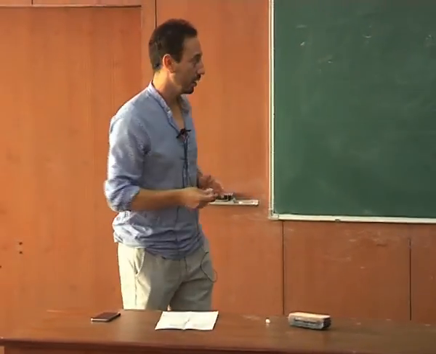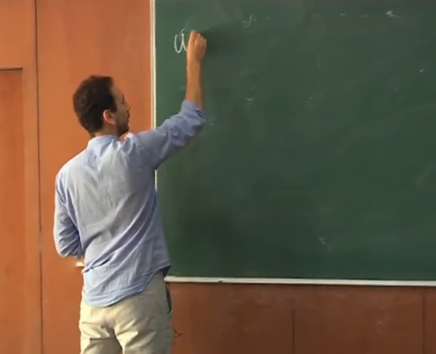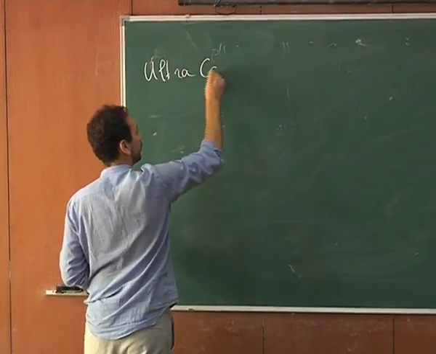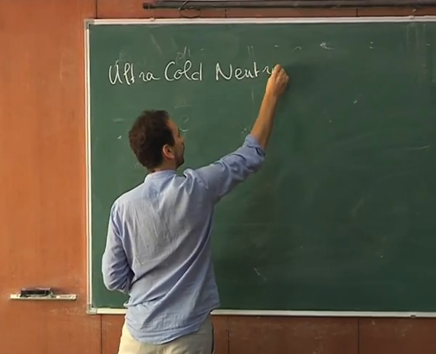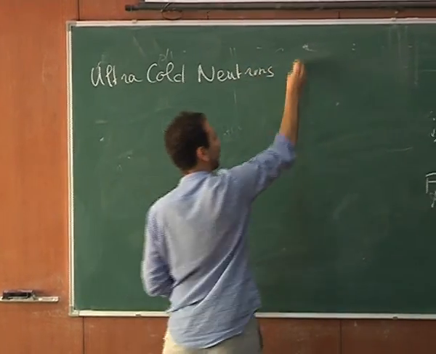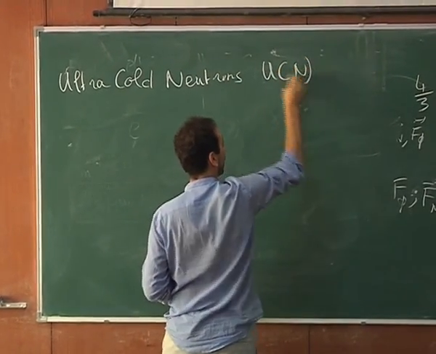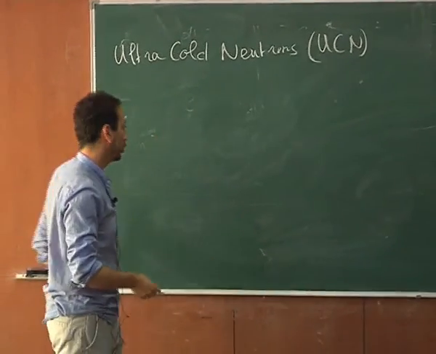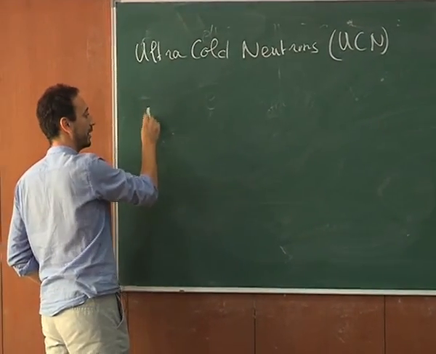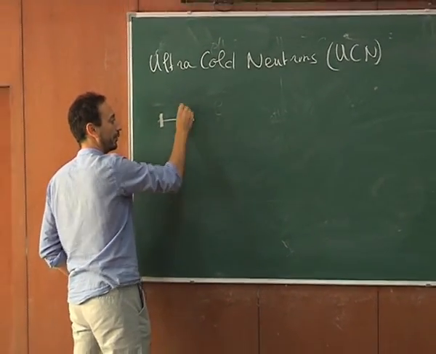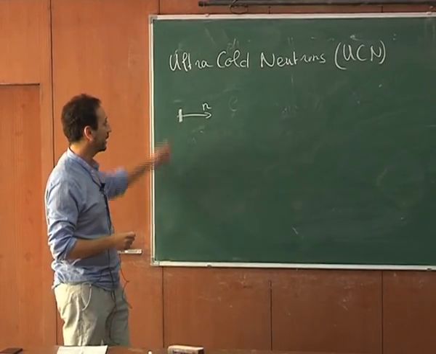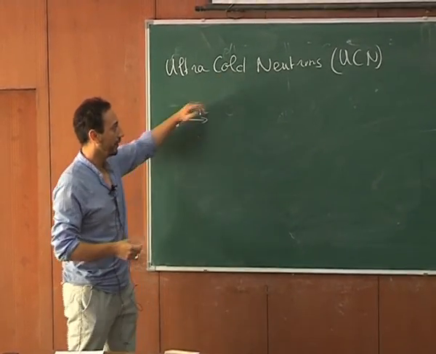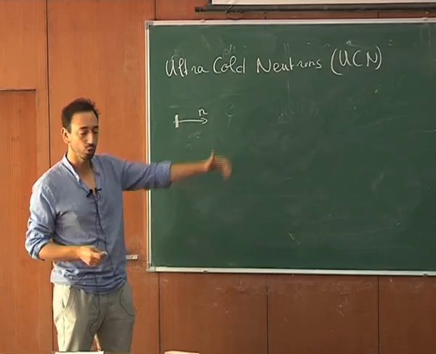You take ultra-cold neutrons. In the literature, they often write it as UCN. So you just throw some neutrons like this. The point is that if you take them very, very cold, they will have a very small velocity.